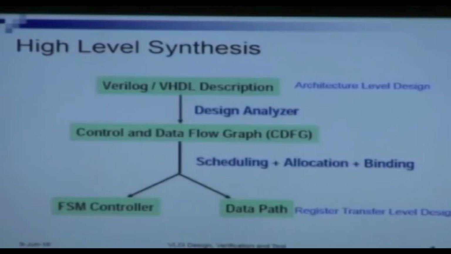So first the Verilog and VHDL description will be there. Then the design analyzer, which is again a program, will transform this program into its control and data flow graph. Given this control and data flow graph, we will perform scheduling, allocation and binding on them and ultimately obtain a controller and a data path.